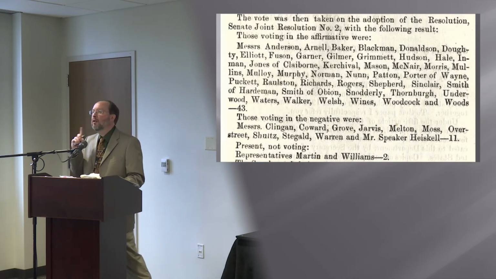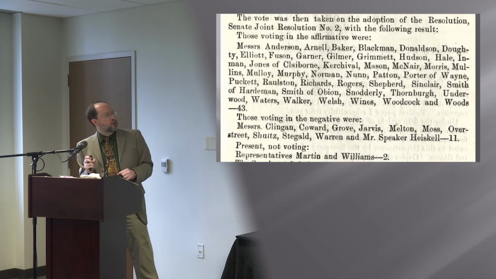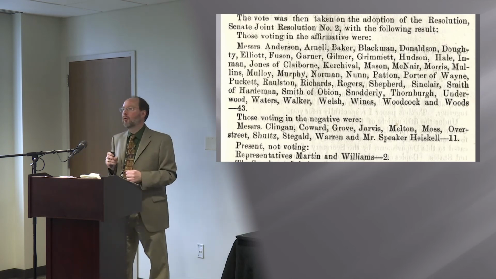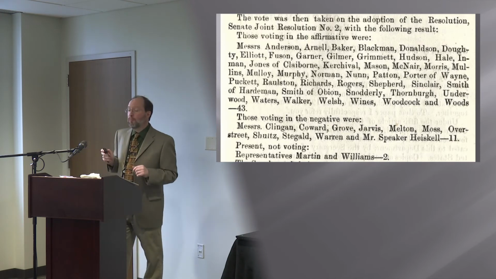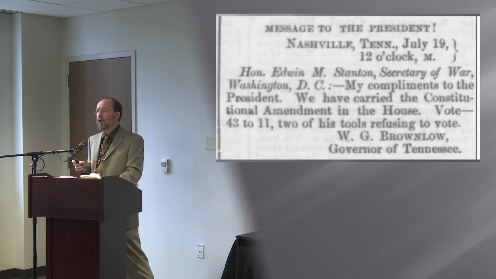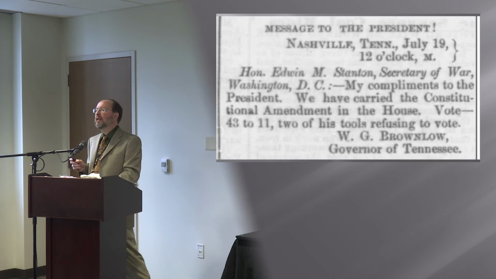But it was still not over. Note that Speaker of the House, William Heiskell, voted against the ratification. Governor Brownlow, though, immediately telegraphed Washington that Tennessee had ratified the 14th Amendment.